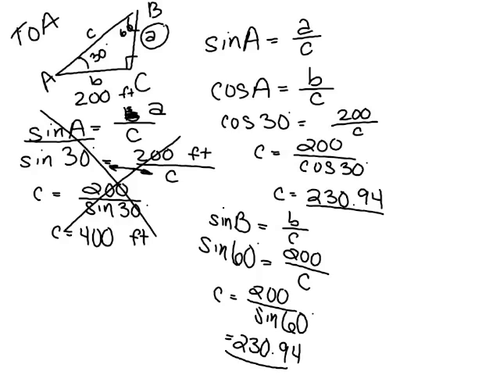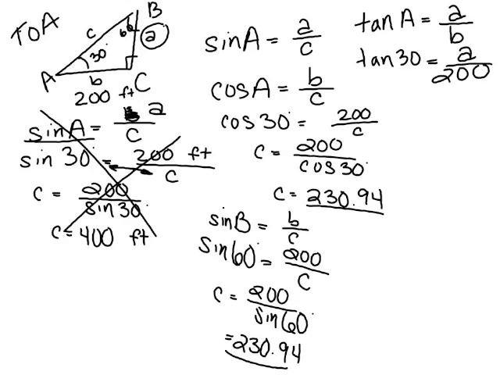So that's our TOA. So tangent of angle A is equal to opposite over adjacent. So when I fill in what I know, tangent of 30 degrees is equal to the opposite side over the adjacent side. So now I need to get the little a alone. It's not in the bottom of my fraction, now it's on top.